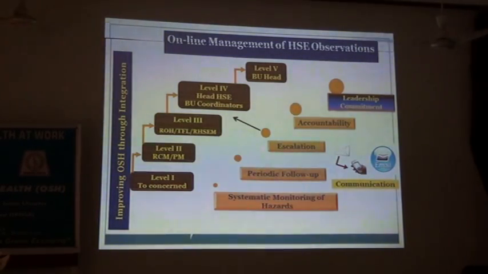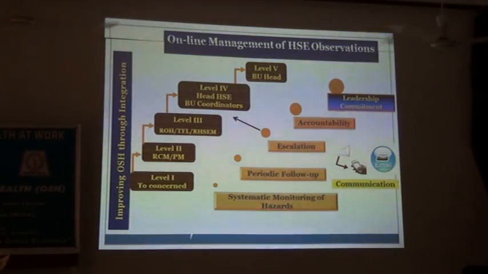In summary, what we have tried to make is that we first wanted to bring the non-compliance through the systems, not by manual methods, because manual methods we found over a period of time were not able to follow up and not able to complete the process. So we first inform the level 1 people, then it goes to level 2, whatever the hierarchy and name, then to level 3, and it goes to level 5 with the head of the business.